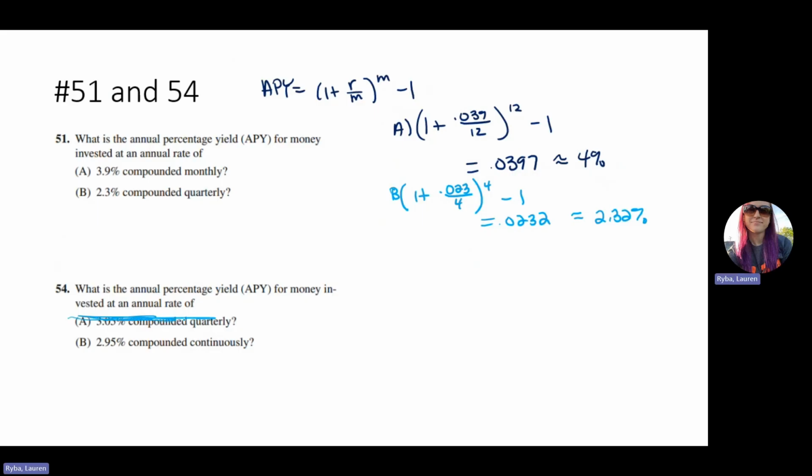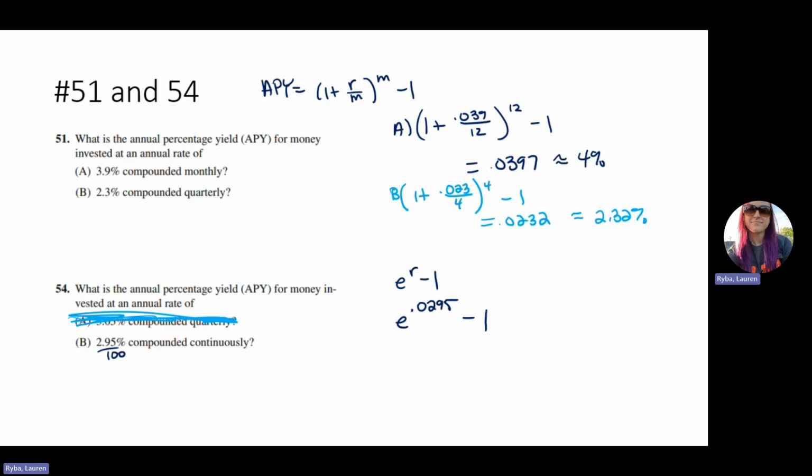I'm going to skip this quarterly one here since we've already done one. We can just do the continuous equation. What is the annual percentage yield for money invested at 2.95% continuous? This one is e to the r minus 1, so e to the 0.0295 minus 1. Again, I'm just dividing my rate by 100.